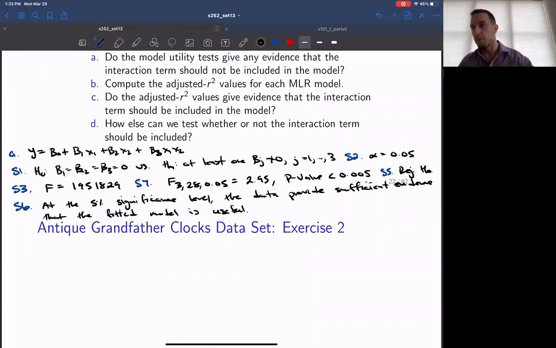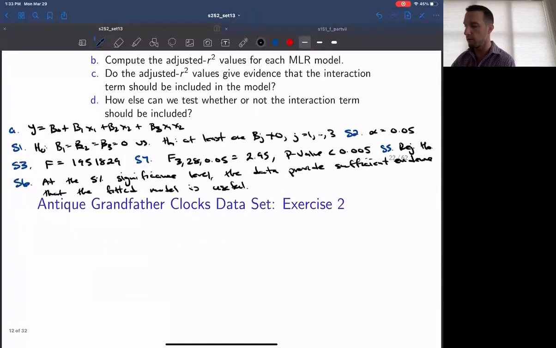So the model utility test gives evidence to reject the null, which implies that at least one of the beta j is different from 0, which in general would mean that there's evidence that the model is useful.